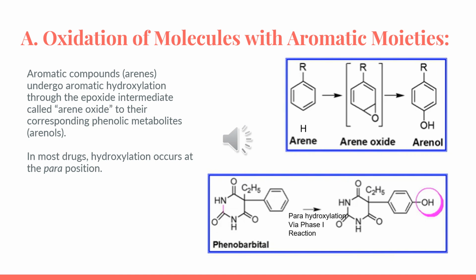However, if the R group was a withdrawing group, for example NO2, then the alcohol group will be added onto the meta position. The aromatic carbons will undergo aromatic hydroxylation through the epoxide intermediate known as the arene oxide and then will give the arenol.